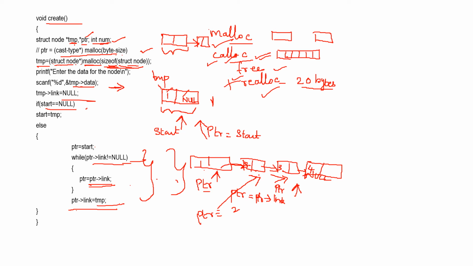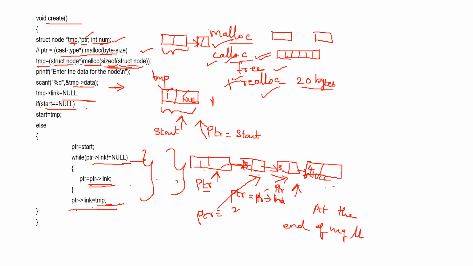By that time I'm setting PTR of link is equal to temp, where the newly created node is temp, and it will be pointed to by the last node of the linked list. It means I'm inserting a newly created node at the end of my linked list. I'm just writing it as LL.